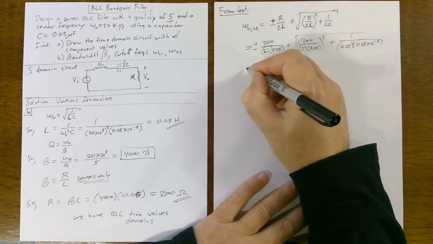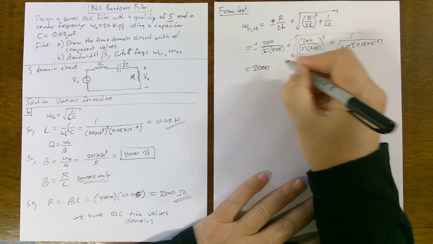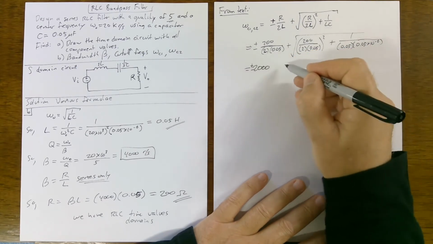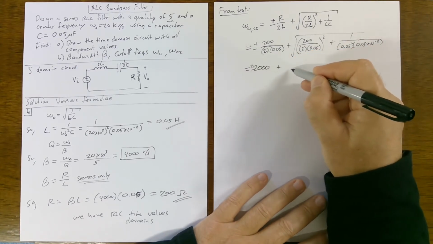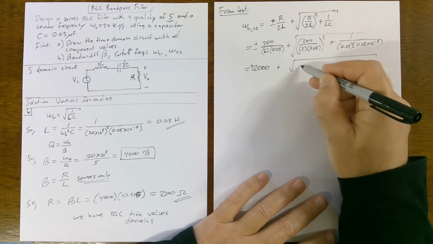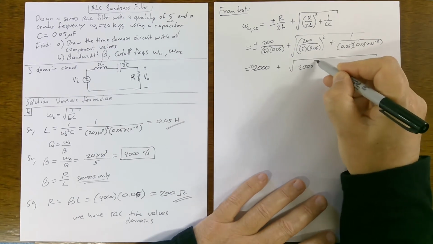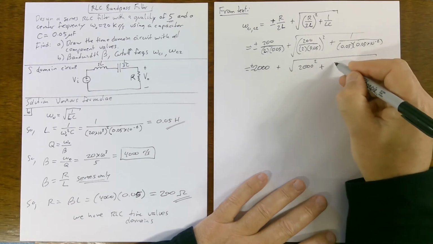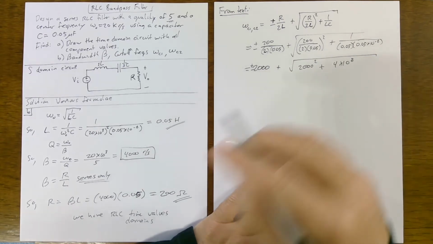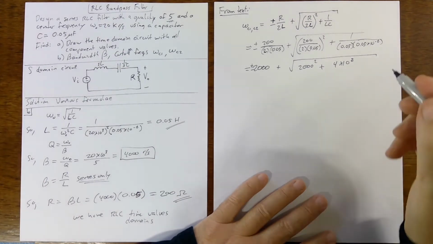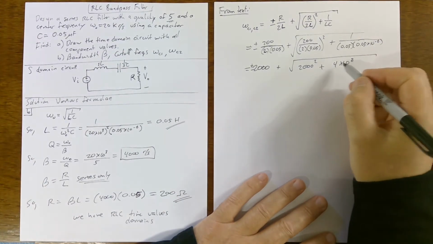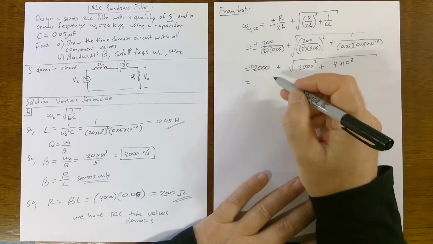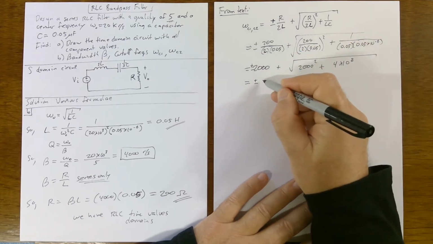And anyway, you get 2,000 plus or minus 2,000 plus root. And this stuff all works out well. 2,000 again squared. There's both 2,000s there, and this stuff ends up being 4 times 10 to the 8th. Just showing the steps to show the patterns in the math, just in case that happens to be important later.